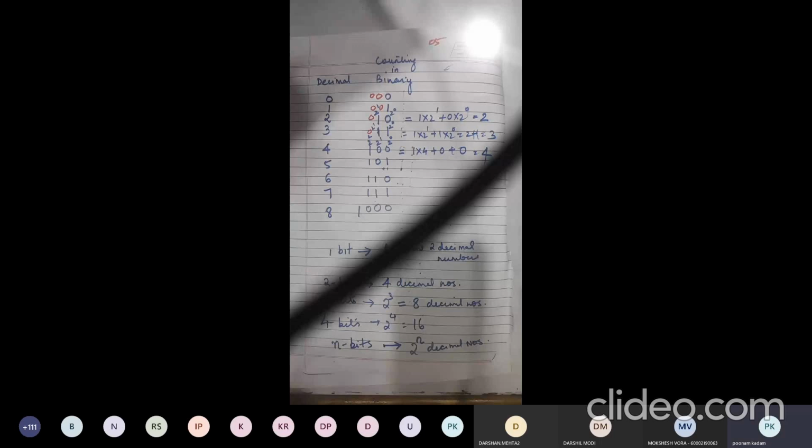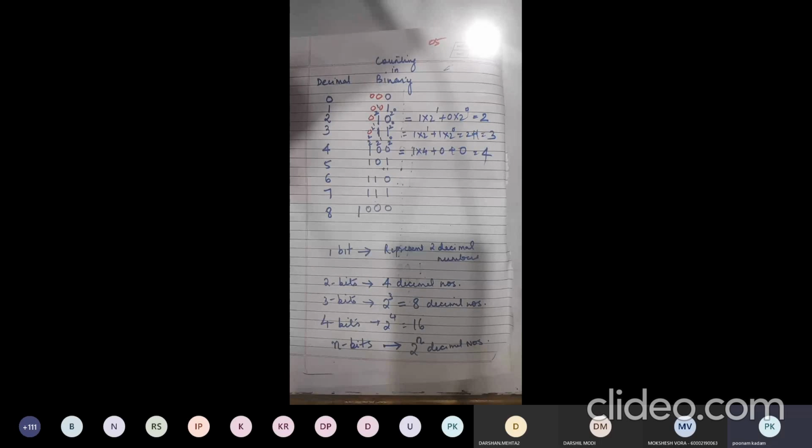A better way would be to define binary codes for decimal numbers 0 to 9. If we define decimal numbers 0 to 9 using some unique digital code, then we can represent any decimal number in binary form by using combinations of those binary codes.